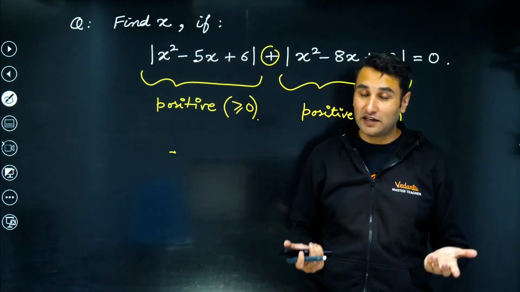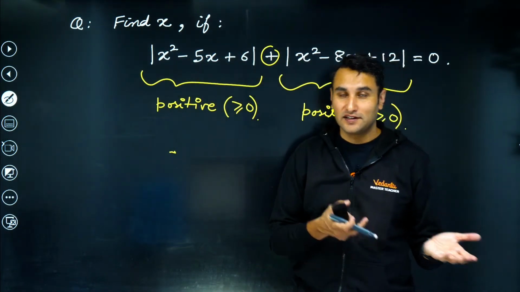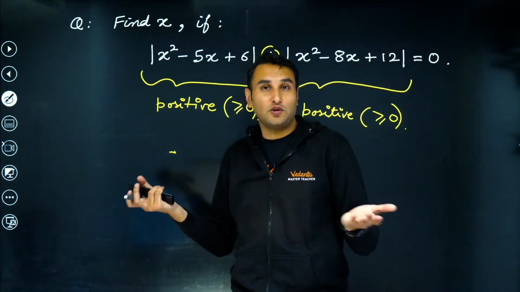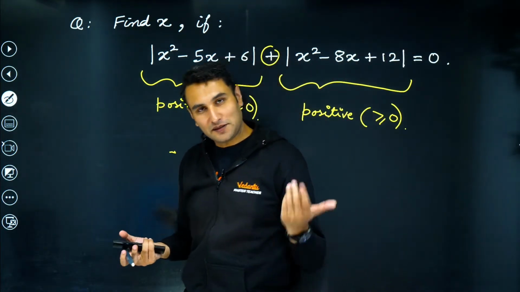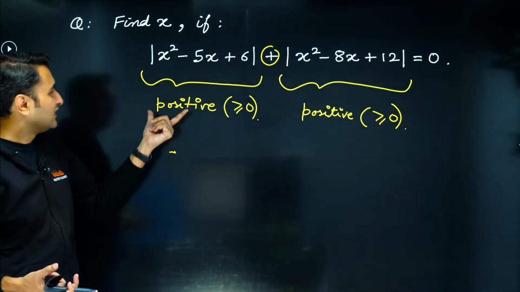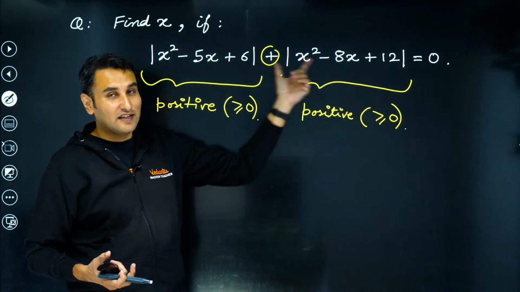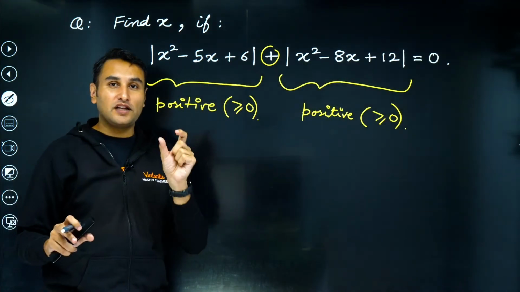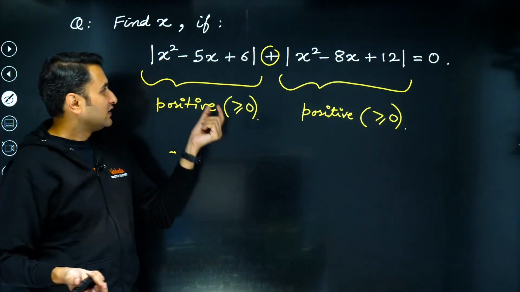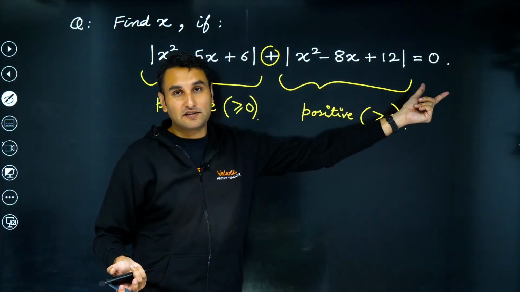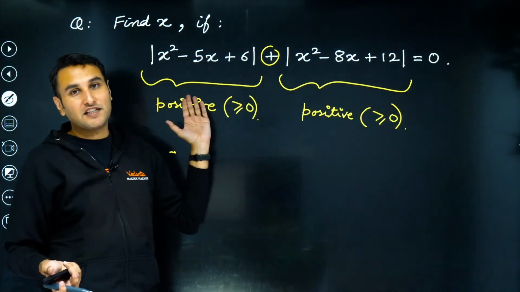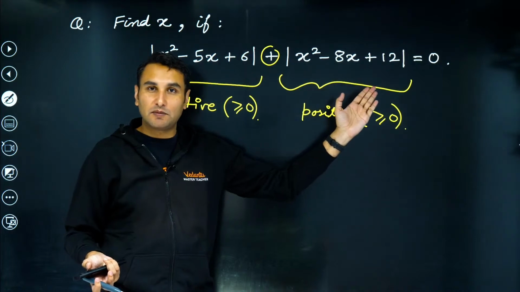You'll conclude that maths may be 0, English may be 0. That's the only possibility, right? That's exactly the case. The least marks you can get is 0. But if the summation of both the marks is 0, maths may be 0, English may be 0.